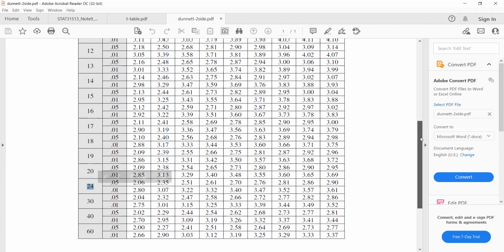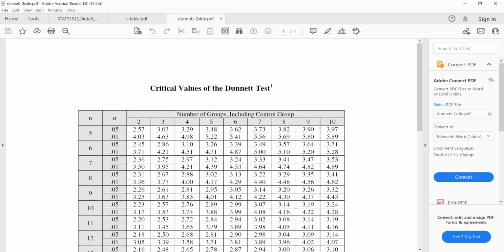And then k minus 1. Here they are giving the number of groups including the control group. But we want to take the number of treatments and reduce the control group and find the value from the table. So k minus 1, since we have 6 treatments, k is equal to 6. 6 minus 1 is 5.